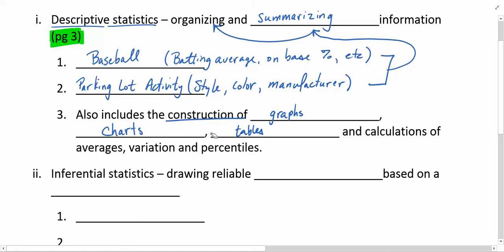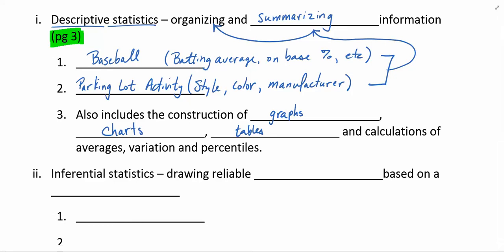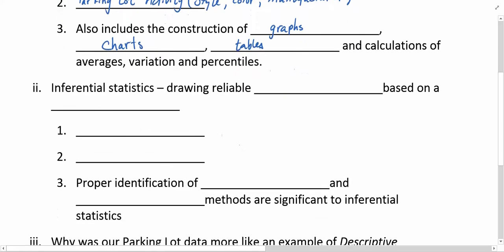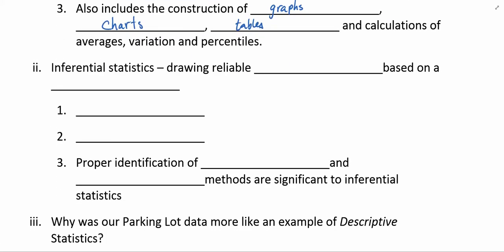We didn't actually do these calculations, but they are part of descriptive statistics. Some of the more popular results within descriptive statistics are the creation of graphs, charts, and tables. So again, descriptive statistics describes a population, what we saw, what we observed.